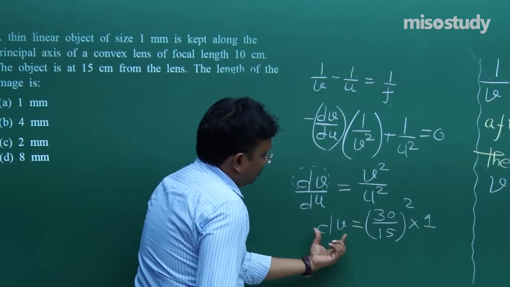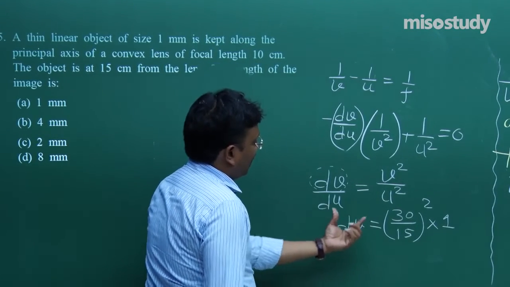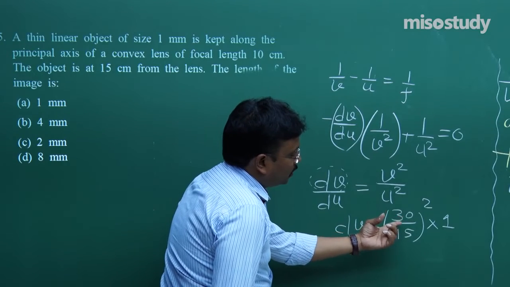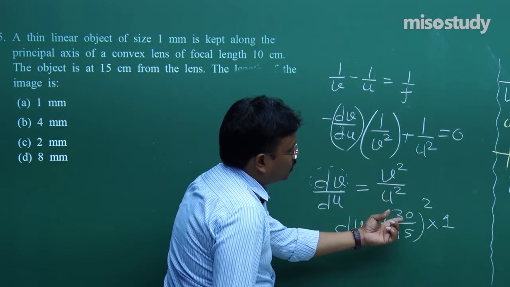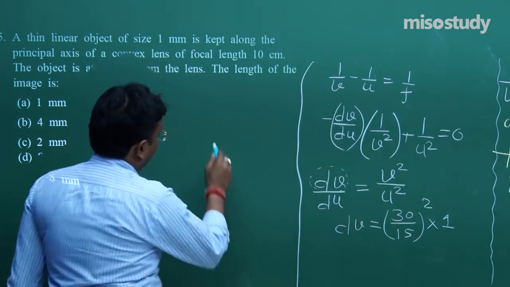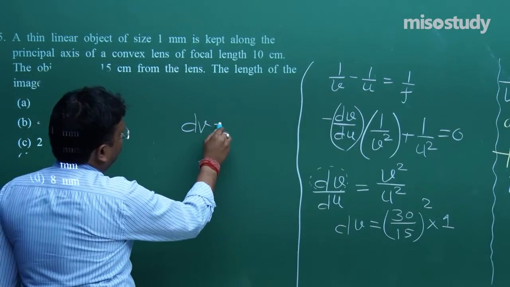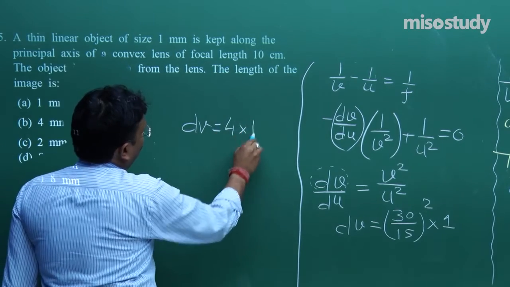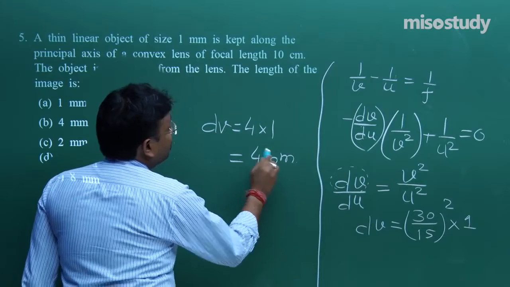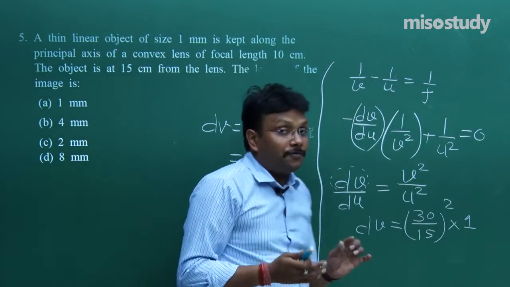So dV is equal to 4 into 1, because 30 upon 15 is 2, and 2 square is 4. So ultimately dV is 4 mm, which means 4 times the size of the actual object.